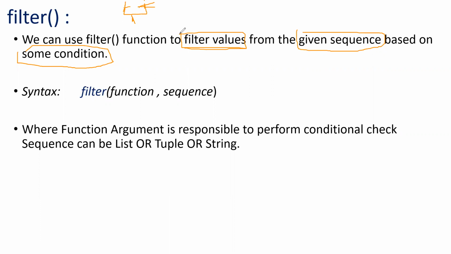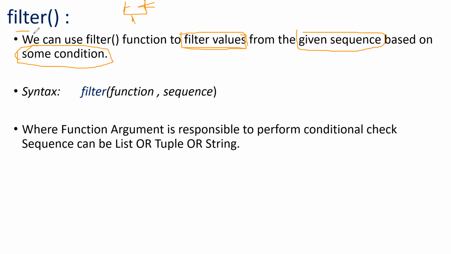So based upon that condition, the filter works. In the same way, when we need some required, specified values based upon some condition, then we can go for the filter method.